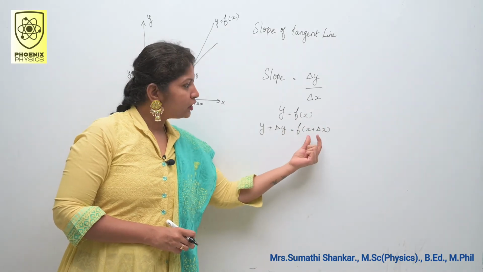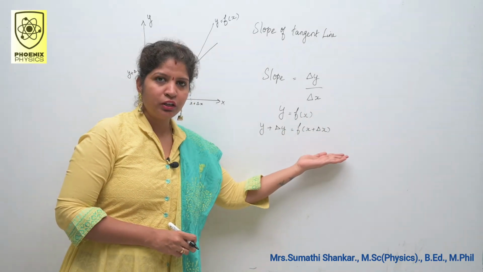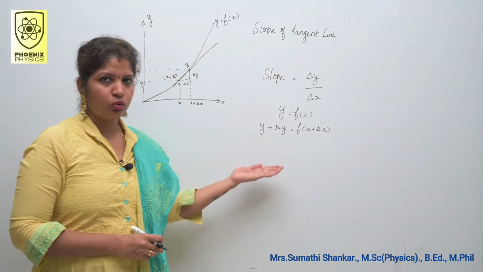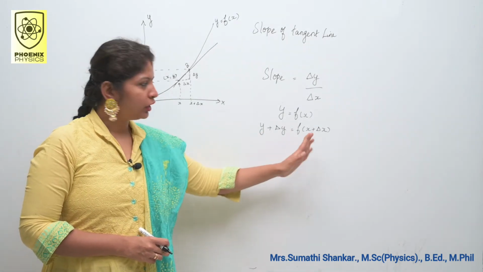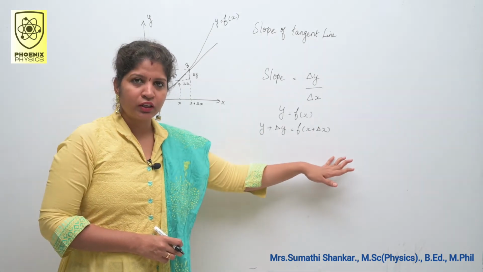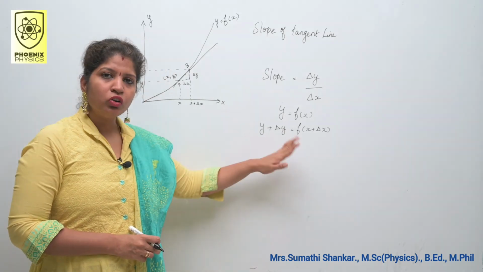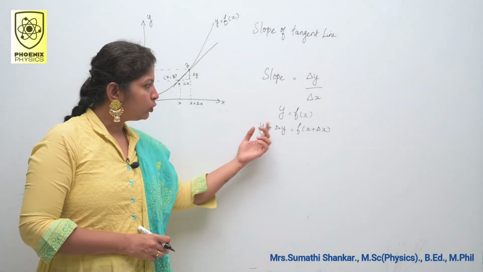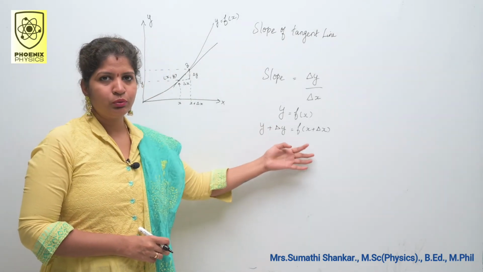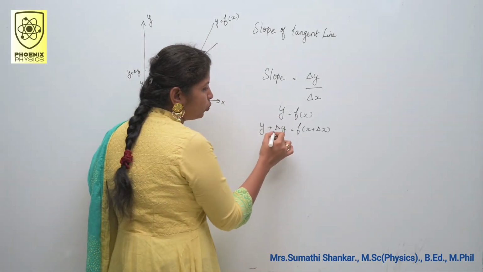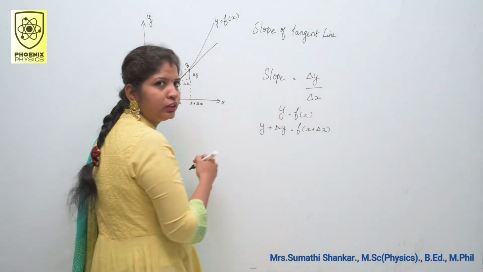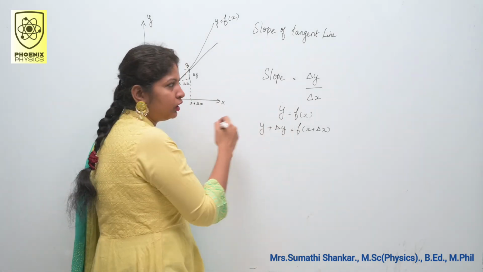So if there is any change in x, it will affect y also. That is why if x changes from x to x plus delta x, y will also change from y to y plus delta y. Up to this clear? Then you substitute y and y plus delta y values in the slope formula.